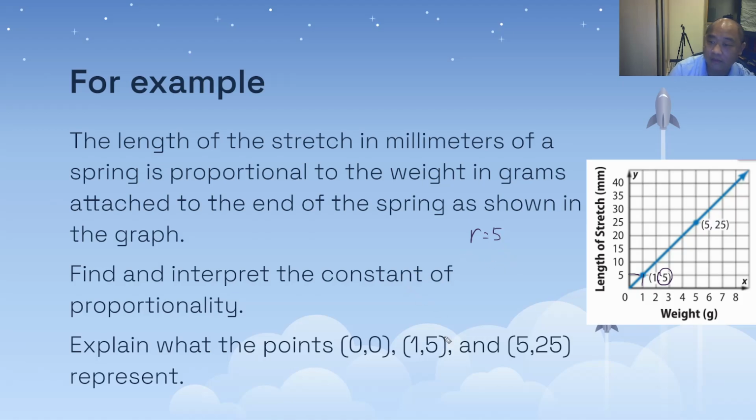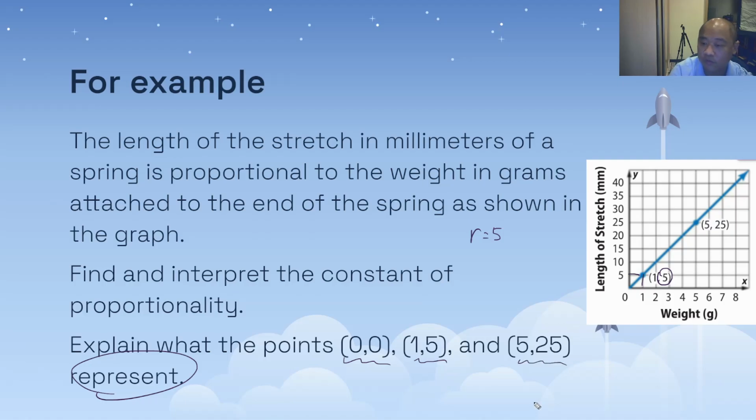So what does that mean? That means for every 5 grams, the length of the spring has stretched by 1 millimeter. So at 0, 0, what that represents is no weight on the spring. And at 1, 5, that represents 5 grams of weight, and it's stretched 1 millimeter.